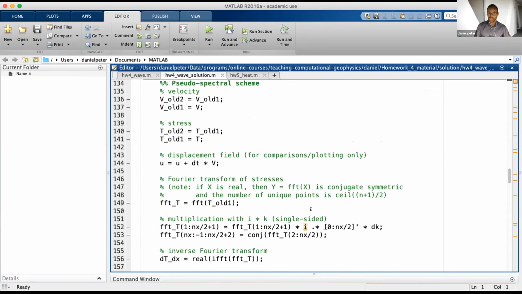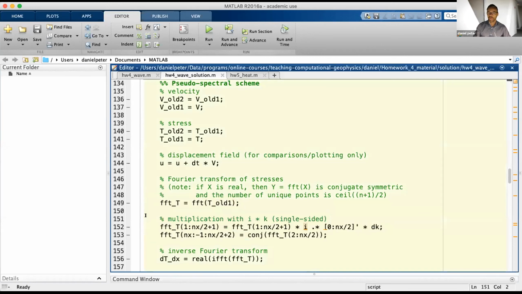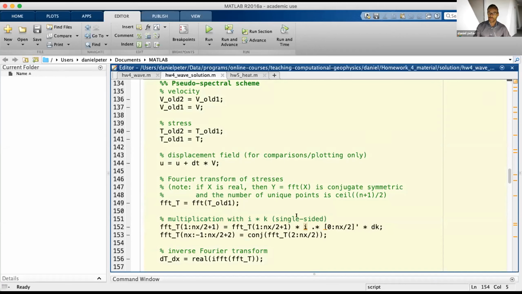So the main part is this one here, where especially this thing here with the multiplication, so doing the derivative in the Fourier domain. We can do it this way in MATLAB, for example.